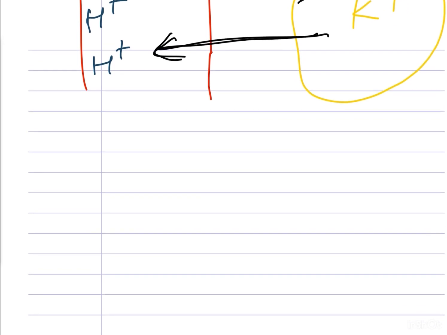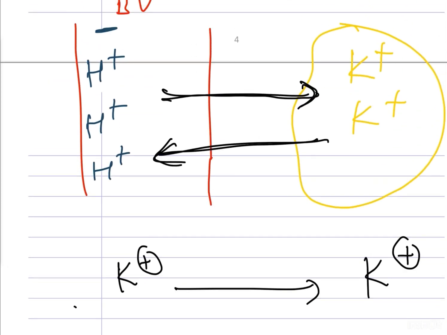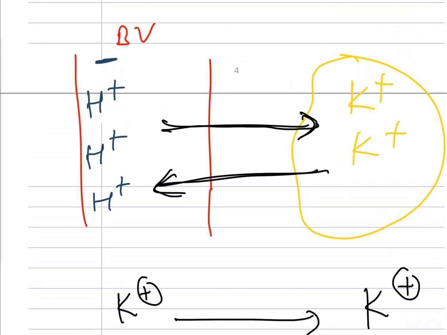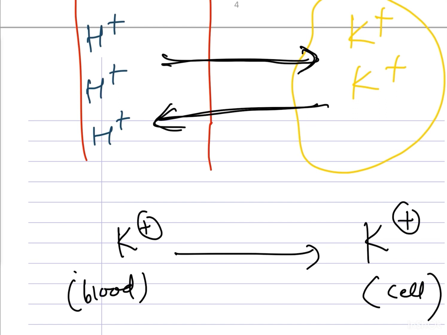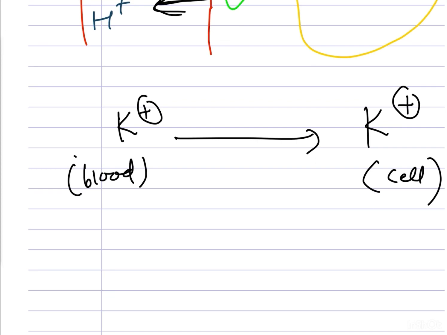So we are focusing on potassium. Potassium has now entered into the blood vessel. If potassium from the blood vessel again tries to go into the cell, in our patient these two steps will happen: potassium will enter into the blood vessel and hydrogen ion will enter into the cell. But now our blood is having a high amount of potassium, which is so dangerous that it can end in arrhythmia.